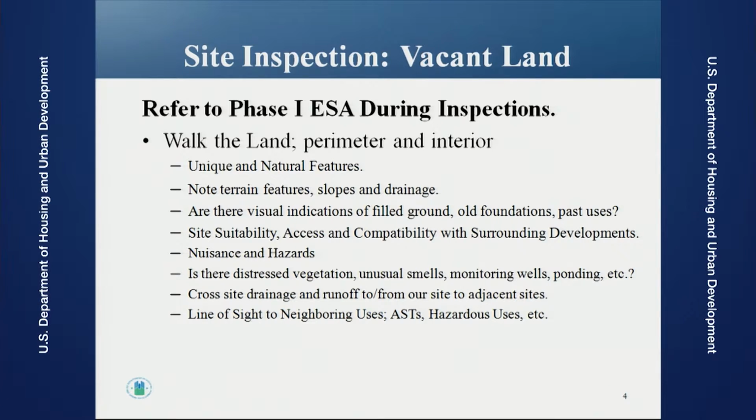You're going to refer to the Phase 1 ESA during the inspection, so bring it along. There's just so much information that you really can't summarize it. I bring the first 50 to 80 pages of it, and I know what I'm looking for. I've already gone through it and highlighted it. And when you get to vacant land, it has a frustrating quality to it.